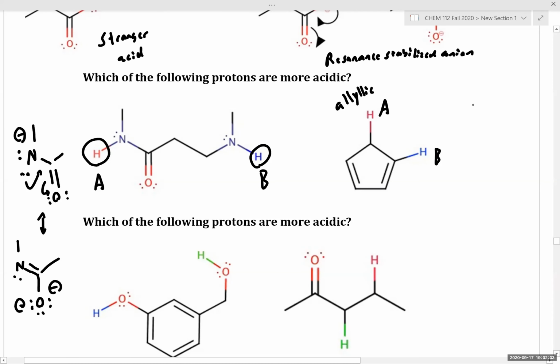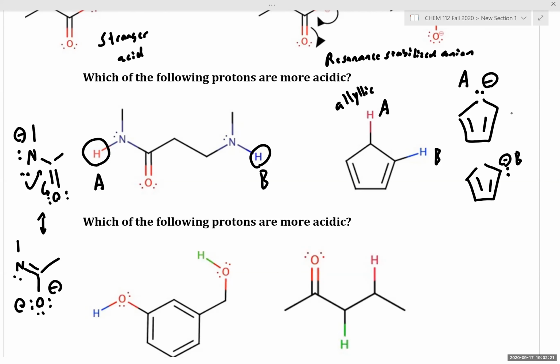Well, let's entertain the two possibilities. This is the anion formed from A. This is the anion formed from B. Which of these anions is stabilized via resonance, A or B?